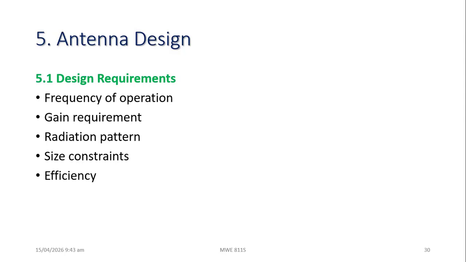A bigger dish will likely capture more signal and concentrate it at the low noise block than one that has a smaller aperture. So size in terms of aperture, and size in terms of length if it's dipoles, also matters. Then the last design requirement is efficiency. Remember, efficiency contributes to gain. It's related to gain.